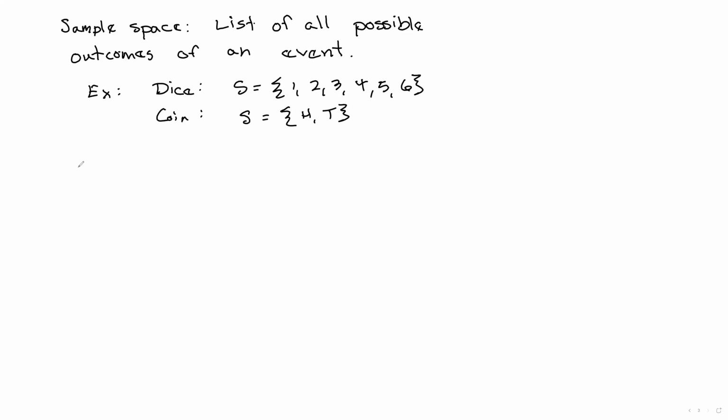All right, we've been using the term event, but we're going to now strictly define it. Event is a collection of possible outcomes from the sample space.